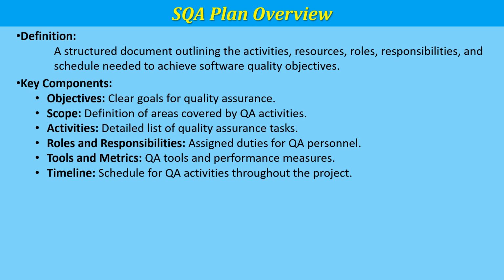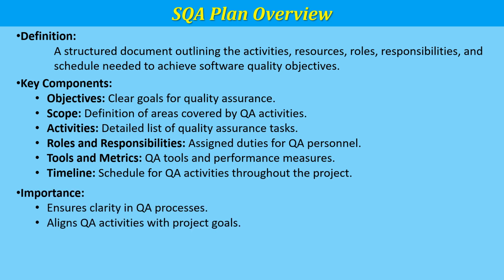Timeline: schedule for QA activities throughout the project. Each component ensures that no aspect of quality assurance is overlooked, integrating quality practice into project workflow effectively. Importance. Ensures clarity in the QA process, aligns QA activities with project goals and serves as a guide for identifying and mitigating quality risks.